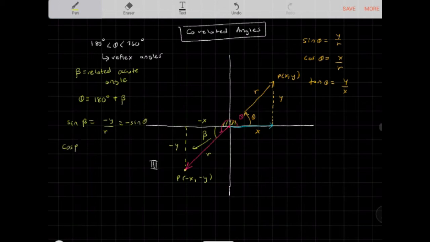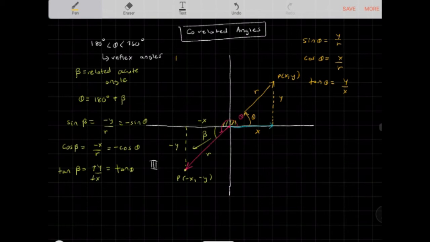Now if we take a look at cosine beta in the third quadrant, it's equal to negative x over r, which is the negative value of cosine theta, so negative cosine theta. And tan beta, which is negative y over negative x, is equal to positive y over x, which is the same as tan theta.